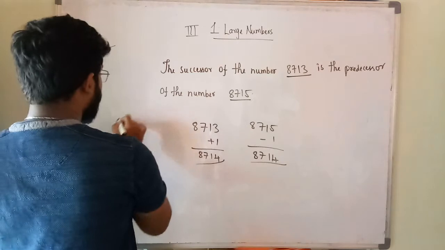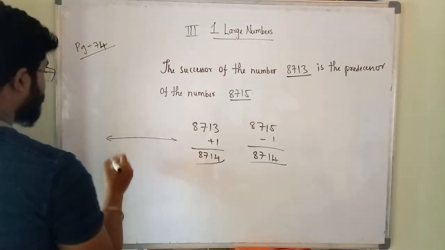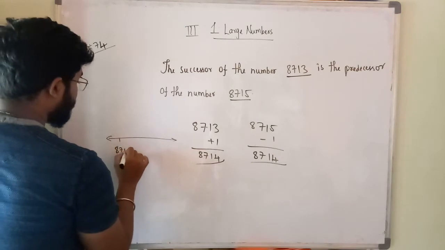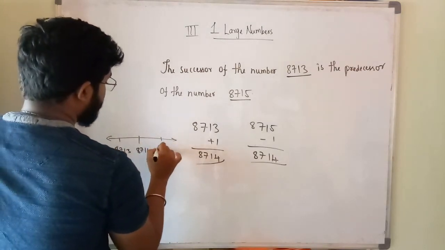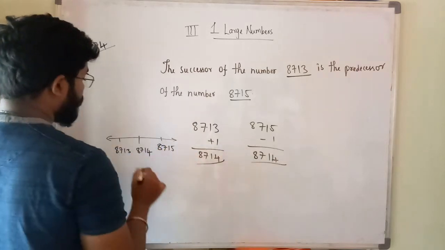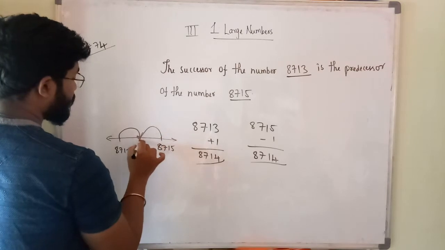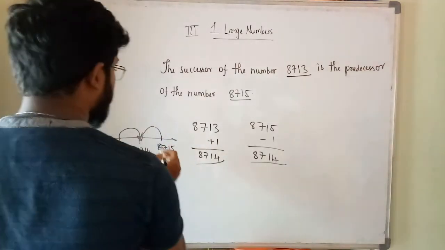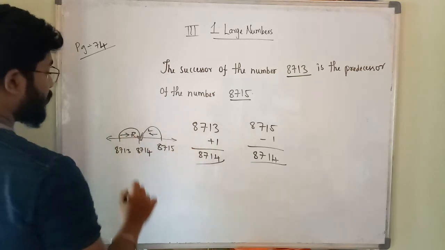So if you write three numbers on the number line, 8713, 8714, 8715. Okay, the successor for this number will be the predecessor of this number. So predecessor will lie left side, whereas successor will lie right side to the given number.